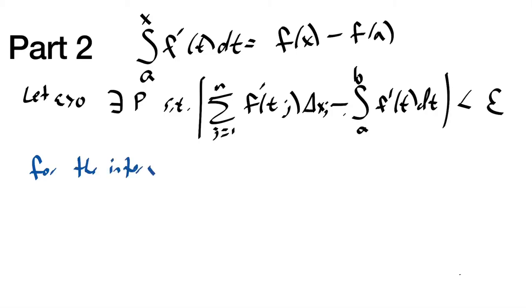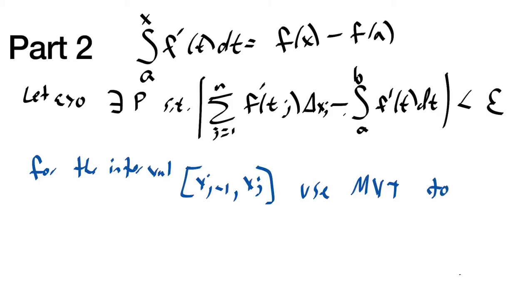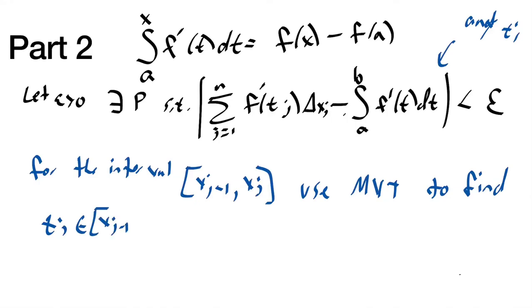Notice that for each interval xj minus 1, comma xj, we can use the mean value theorem to find the tj points. By the way, this inequality should be true for any choice of tj, so any sample points we choose.